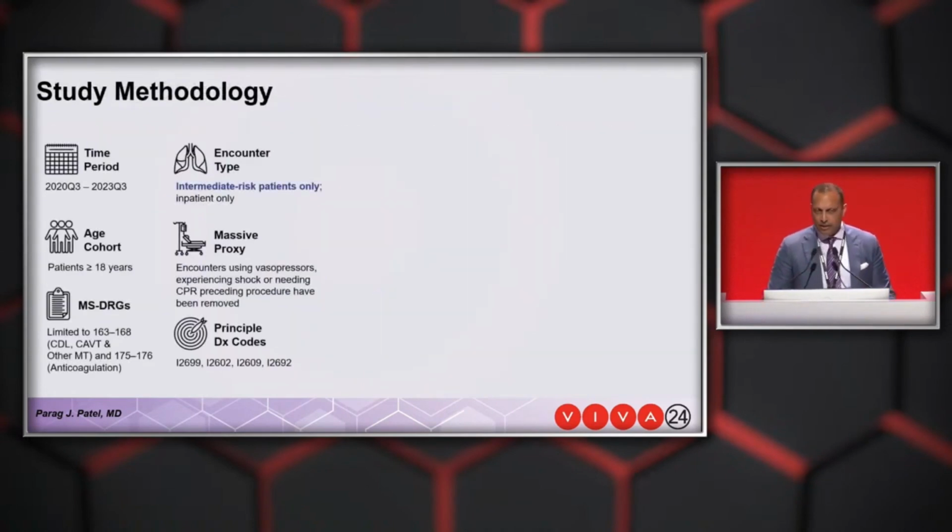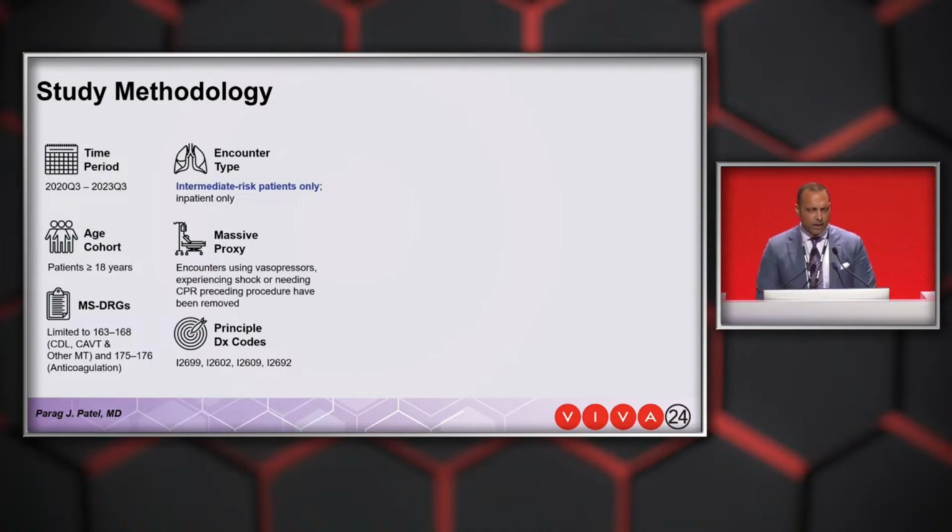The study methodology utilizing the Vizient database was to look at adult patients with intermediate risk PE during our study period between 2020 and 2023. We used ICD-10 codes that corresponded to pulmonary embolism, with or without cor pulmonale. And we tried to exclude massive pulmonary embolism patients utilizing proxies for this.